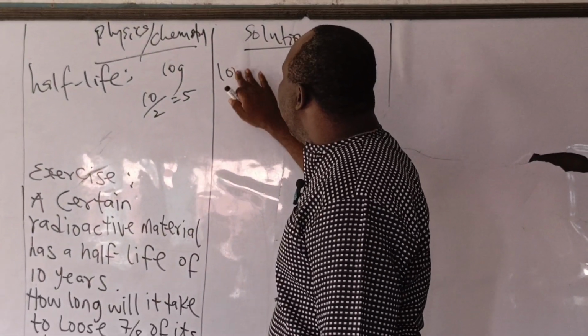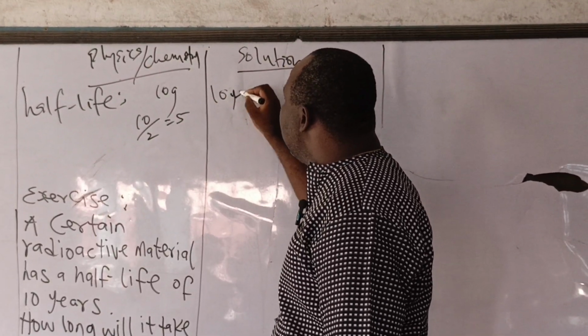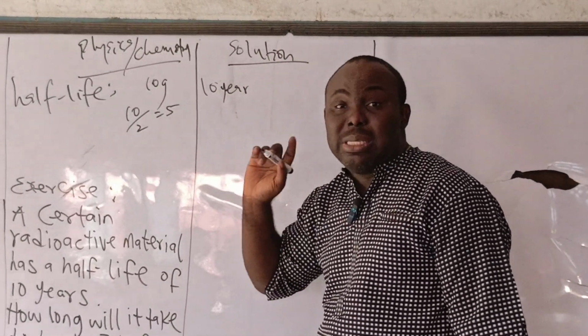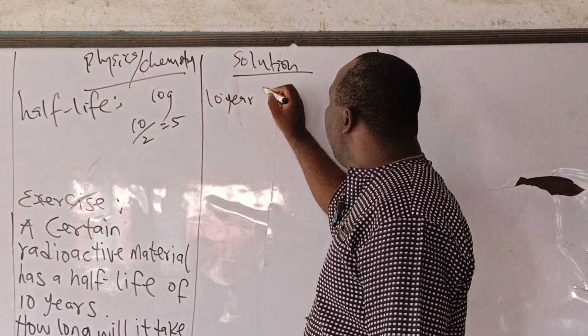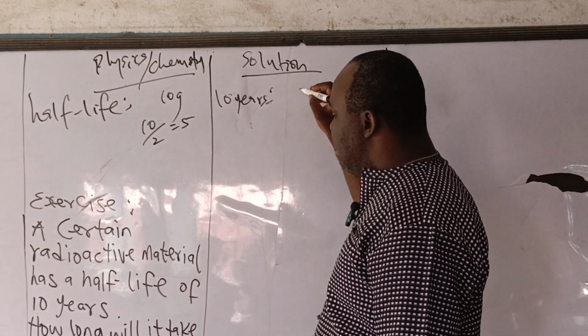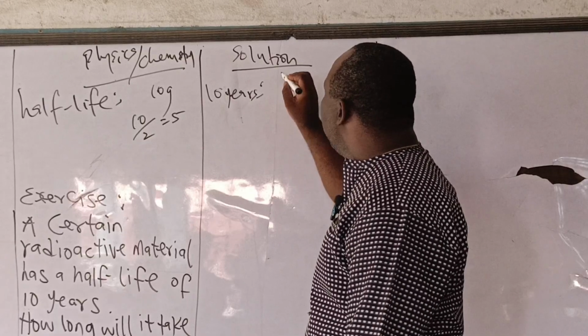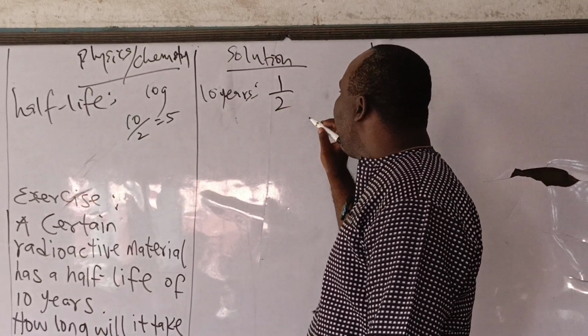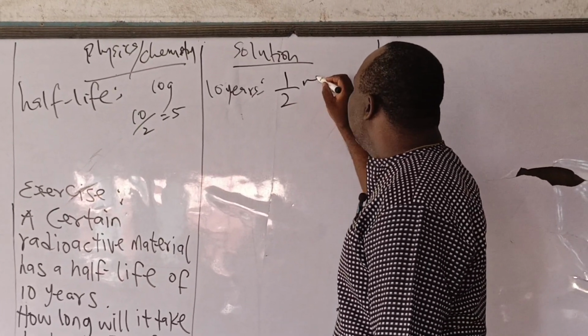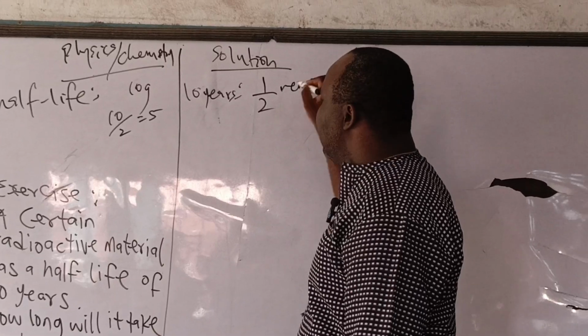The half-life is 10 years, so in every 10 years, half of it will decay. In 10 years, the fraction that will remain is 1/2.